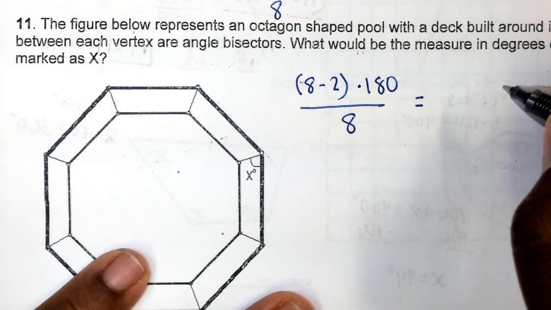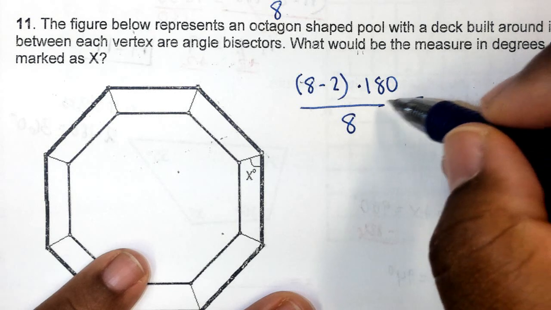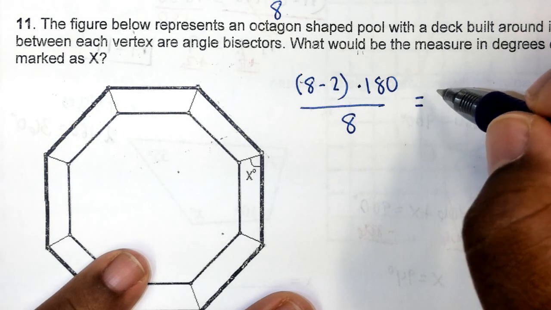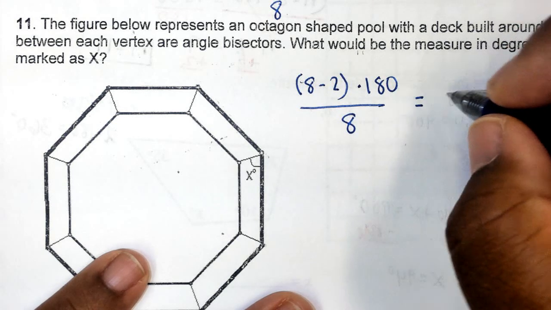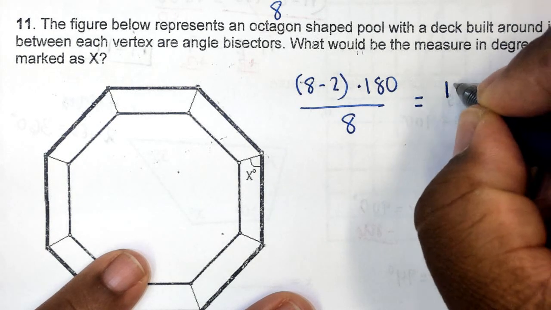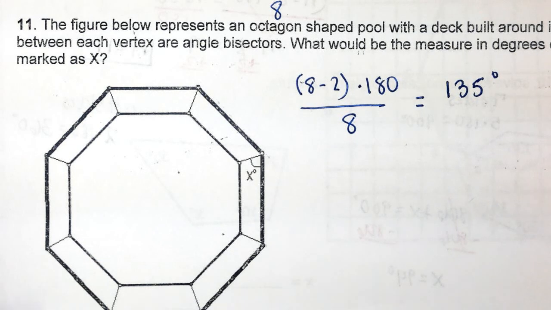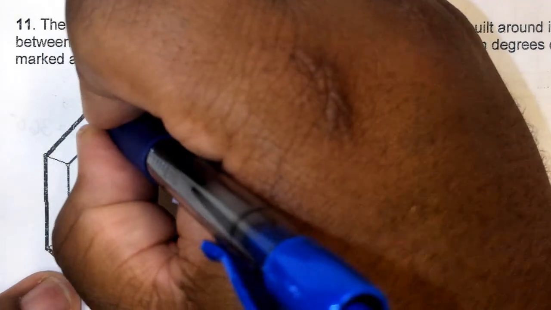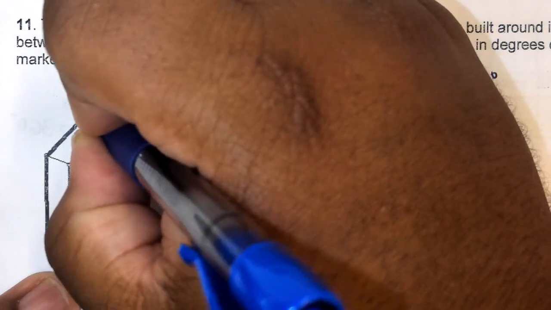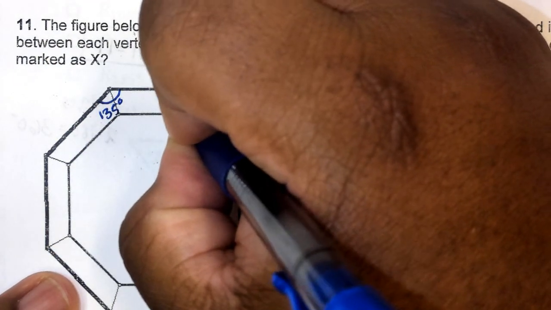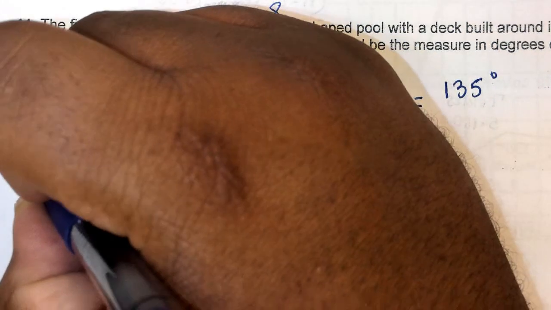When you divide it by the 8, oh, 135, right? Let's stop right there for a second, Jeremiah. By knowing that, now I know that all of these angles right here are 135 degrees, 135 degrees, 135 degrees.